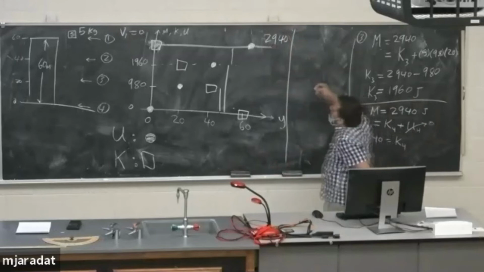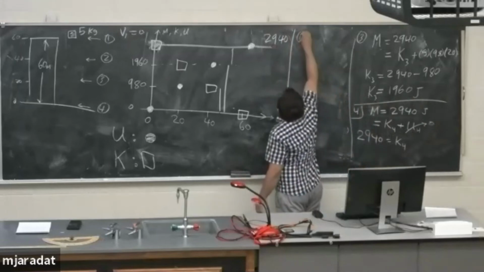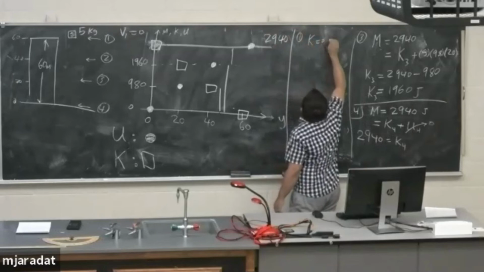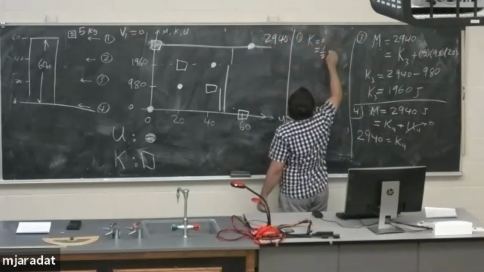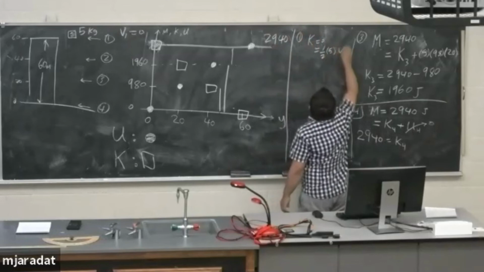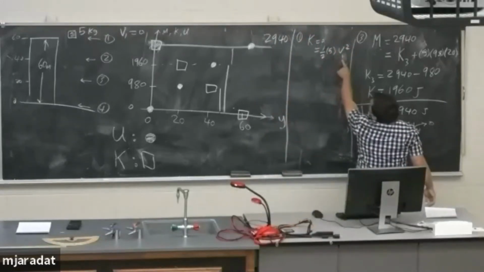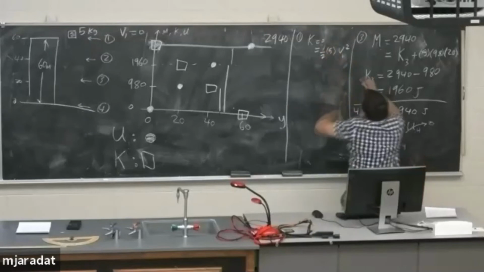For example, at point number 1, we have the kinetic energy equal to 0, which is equal to 1 over 2 times m, which is 5, times V1 squared equal to 0. That means V1 is equal to the square root of 0, which is 0.